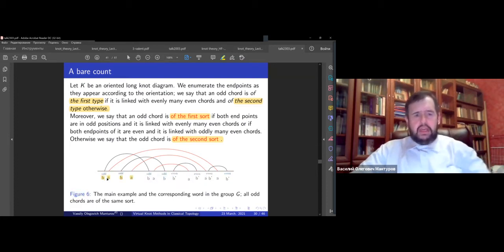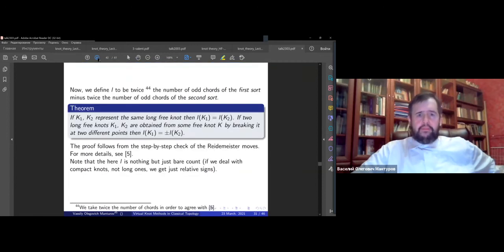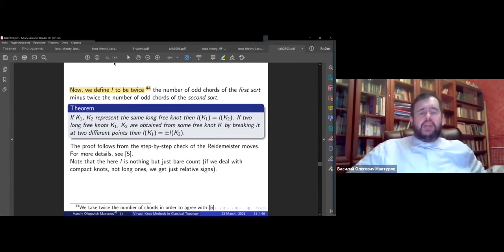A's are always ends of even chords, and B and B prime are associated with respect to the type, I think. And I want to define my invariant L as twice the number of odd chords of the first sort minus twice the number of odd chords of the second sort.